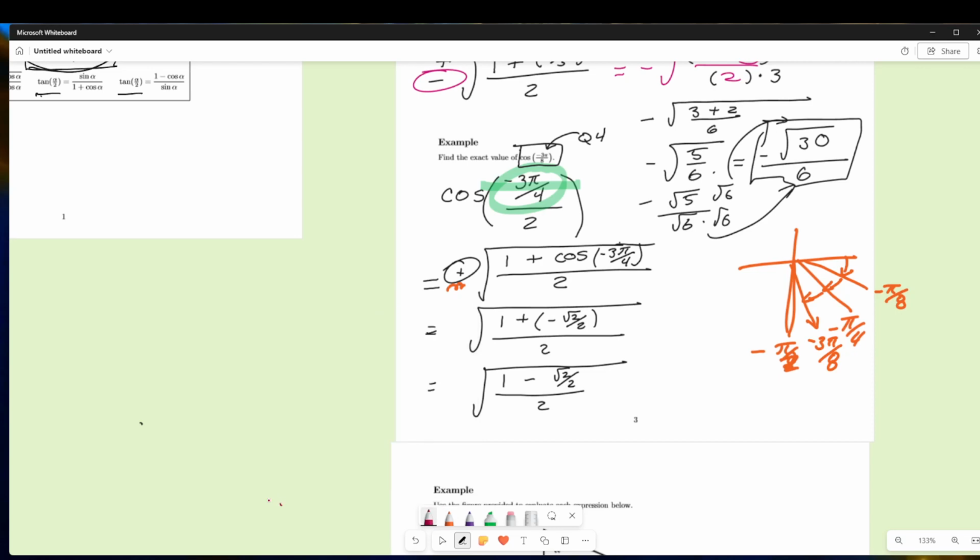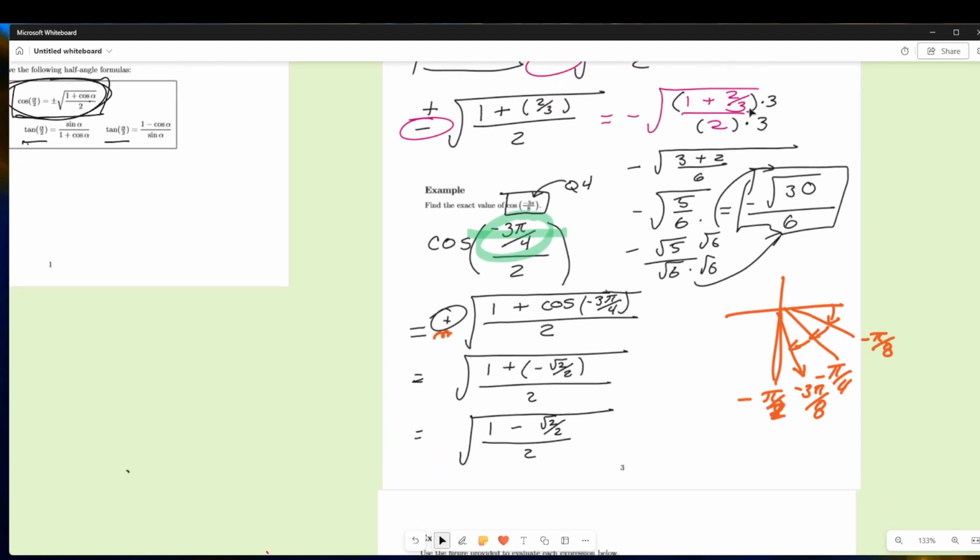Again, we're going to fix it the same way we fixed it up here. Up here we fixed it by multiplying by 3 because our denominator had a 3 that we wanted to get rid of. Here, we don't want to get rid of a 3. We want to get rid of this denominator of 2. So we're going to multiply by 2. We're just multiplying by whatever denominator we want to get rid of.